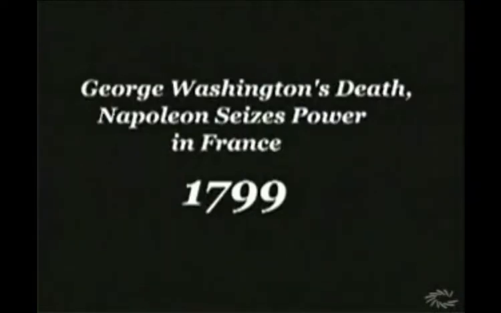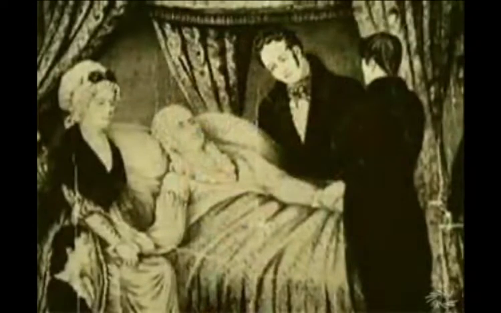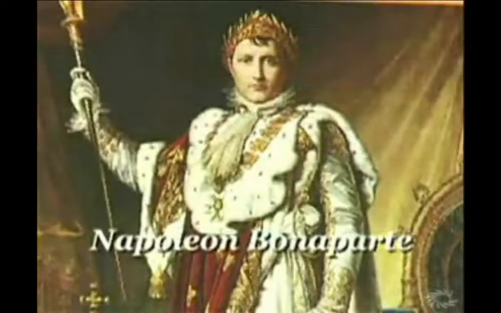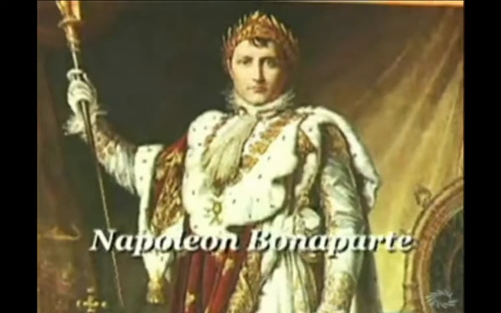During the final year of the 18th century, George Washington, the man who had come to be called the father of his country, died at the age of 67 from a throat infection, an illness that could have easily been cured using modern medicines. That same year, a man called Napoleon Bonaparte seized power in France.